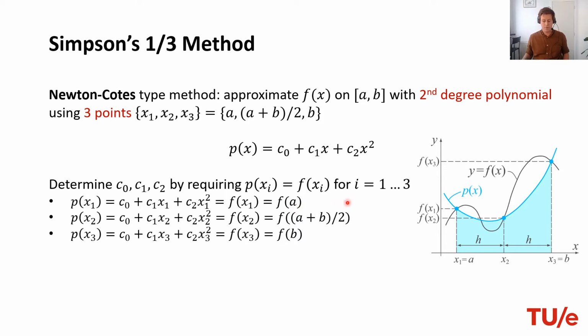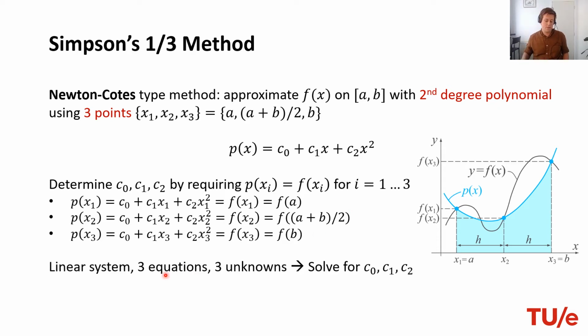So this will give us 3 conditions, which basically is 3 equations in 3 unknowns. And this is a linear system of equations. So x1, x2, and x3 are known. So the fact that you have these square terms here doesn't make it nonlinear. This is linear in C0, C1, and C2. So you can solve this for C0, C1, and C2.